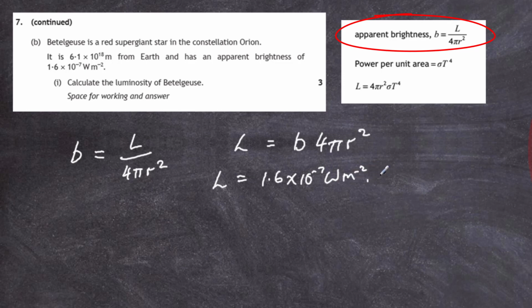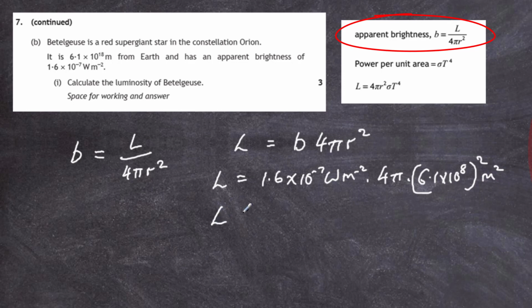I'm going to multiply that by 4 times pi times the distance away which we are from Betelgeuse, r, and r is going to be 6.1 times 10 to the power 8, and don't forget to square it. And the units for that are going to be metres squared, because distance is a metre, and if you square the metres, you're going to get metres squared.